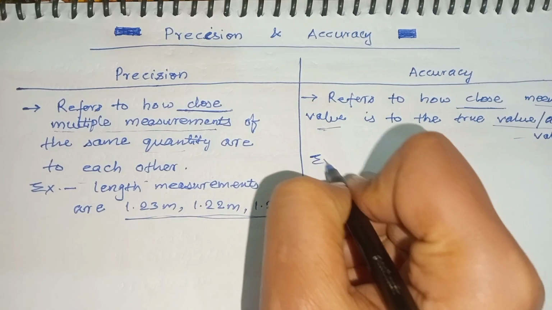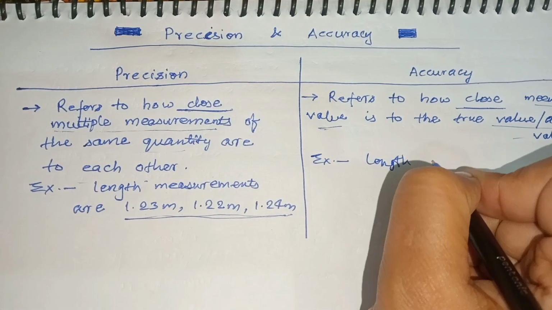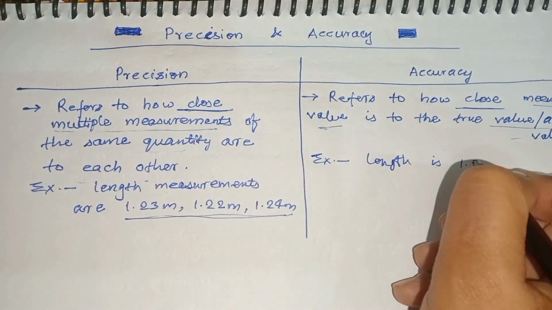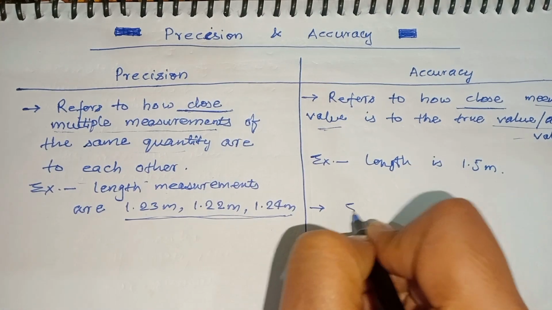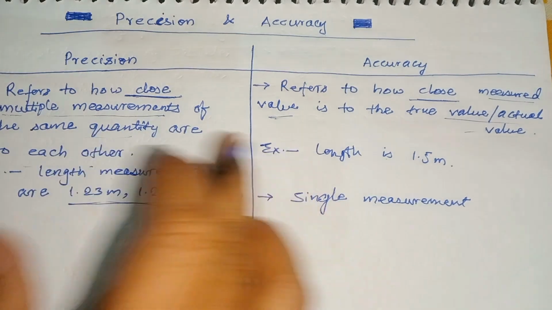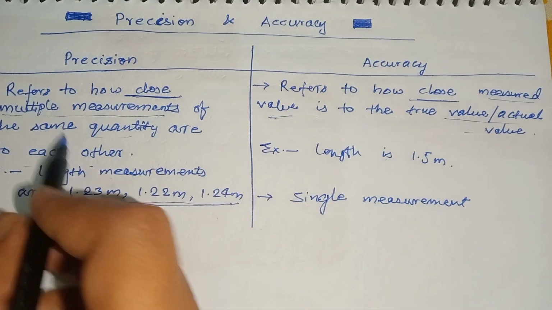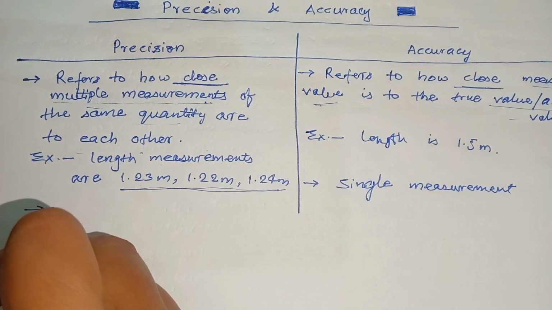It has only one value. For example, let's take the length of the rod is simply you can say 1.5 meters. So here we see this is only a single measurement, and in precision we need multiple measurements. So in precision we see multiple measurements.